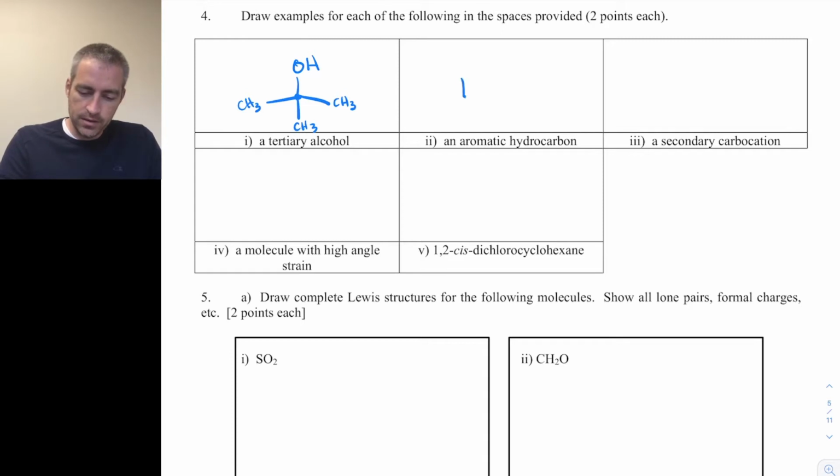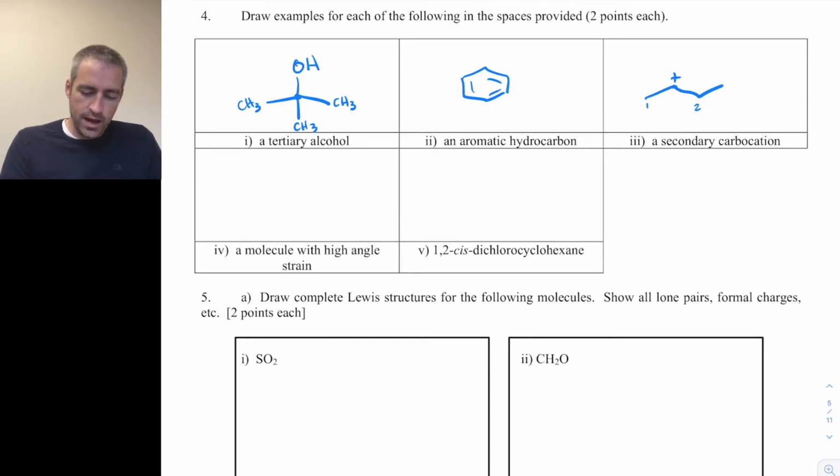Aromatic hydrocarbon, benzene, simplest example. Secondary carbocation, so that's a carbon that has a positive charge, and that carbon is bonded to 2 other carbons. So you can see 1 and 2.